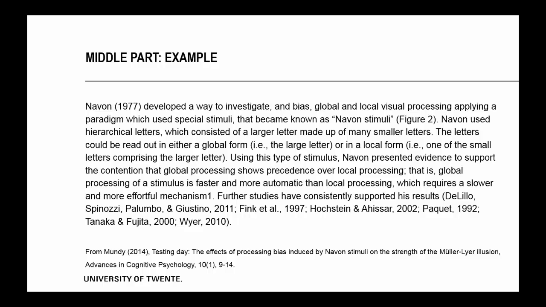And yes, this paragraph is dedicated to explaining this and also the connection with this type of stimulus with local and global processing. And given that you've written your hypothesis earlier, you already know that a paragraph like this should be presented for readers to be able to understand the hypothesis that you present.